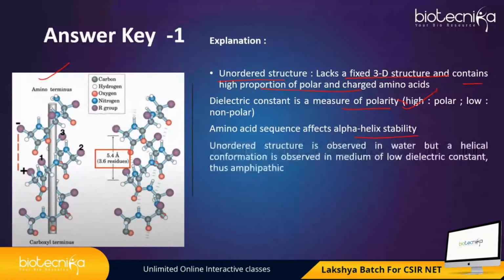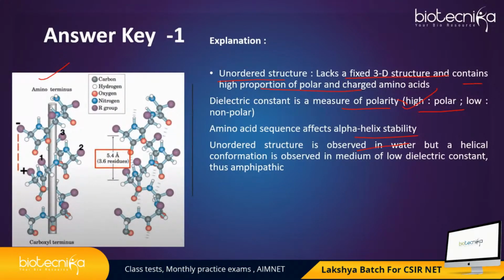So the statement was unordered structure is observed in water. That's fine because in water it's a area of high dielectric constant. But when it comes to low dielectric constant, a helical structure is formed. So how come there are two different structures in two different dielectric constants? Means in low dielectric constant where there are non-polar groups, the non-polar groups are trying to expose outside.